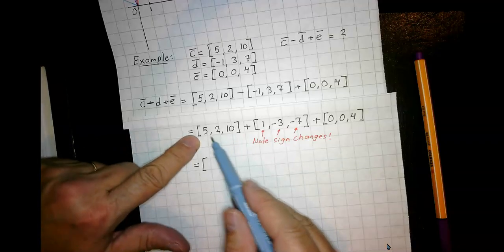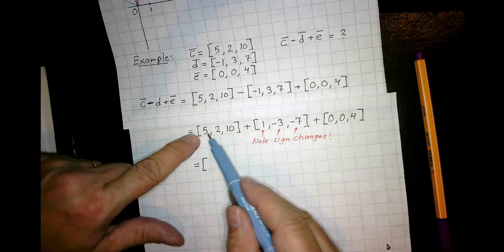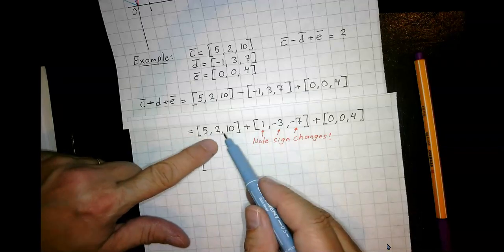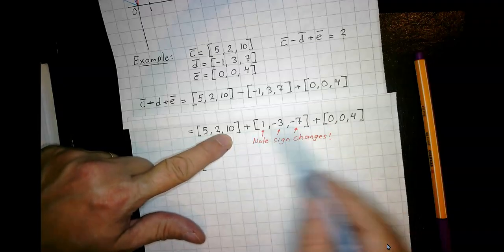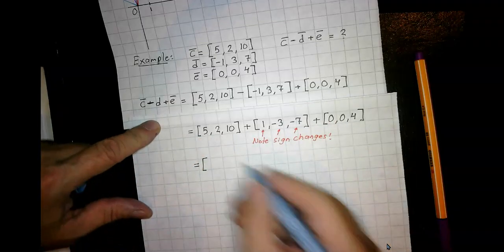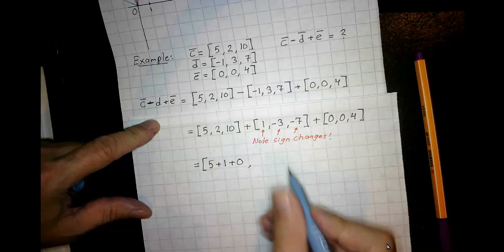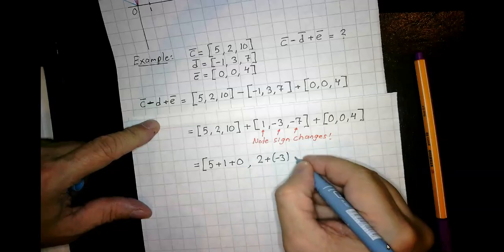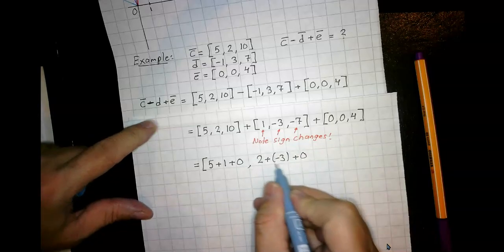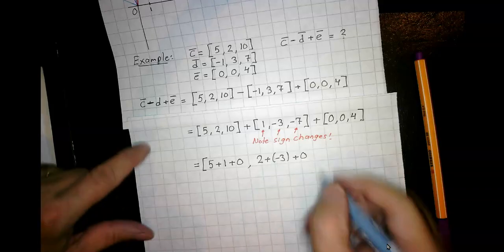we may add them by components. So first components we add together, then second components we add together, and then third components we add together. So we will get 5 plus 1 plus 0, 2 plus minus 3 plus 0. Of course you may also write this with the 1 minus sign.